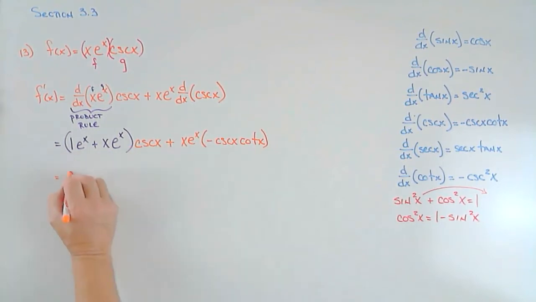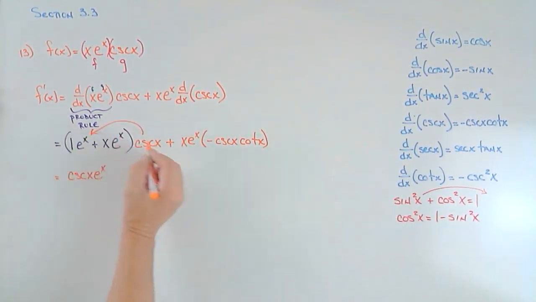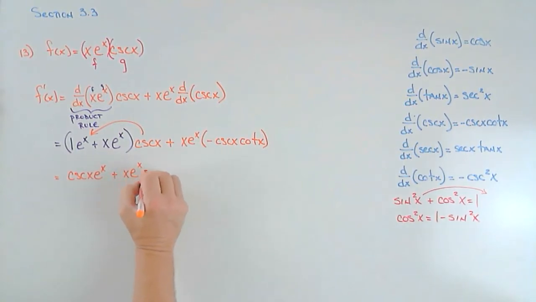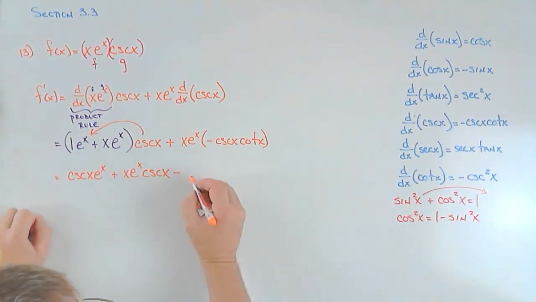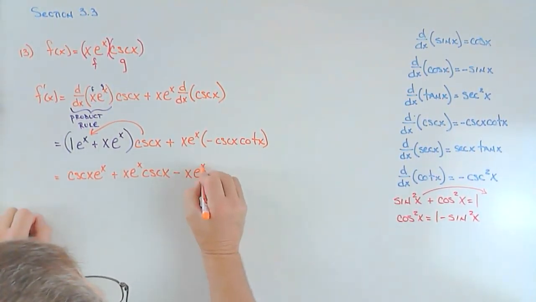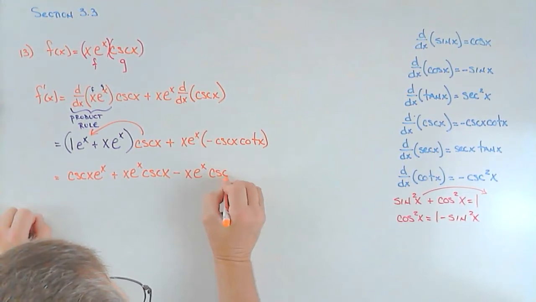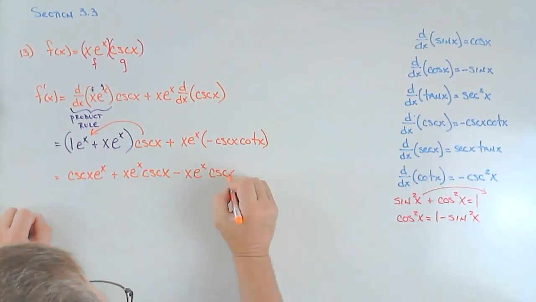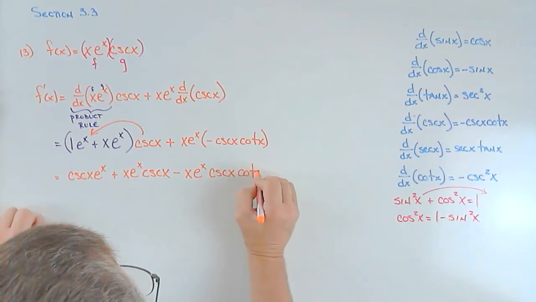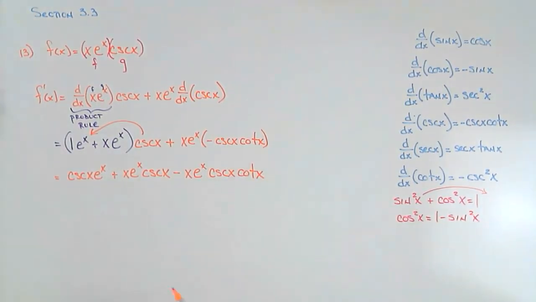That's going to be cosecant x e to the x. We're doing the distributive property here, plus x e to the x cosecant x. And here we get minus x e to the x cosecant x cotangent x.